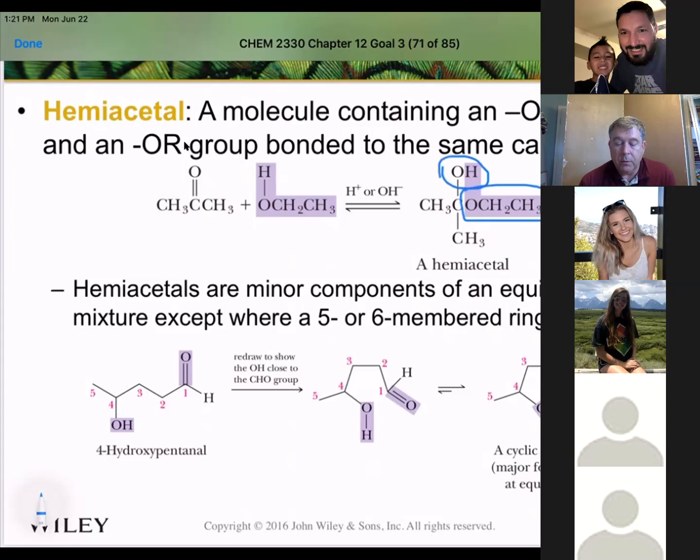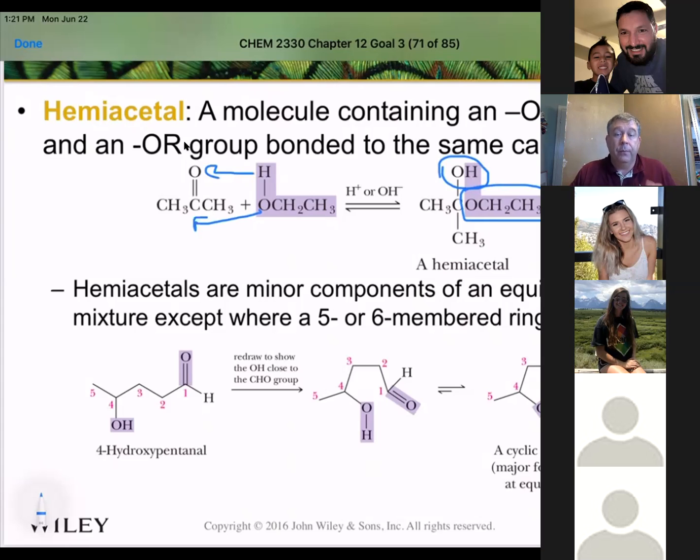Okay, so look at what's happening here. The oxygen is adding to the carbonyl side, the hydrogen is adding to the oxygen side, and we get what we call a hemiacetal. Okay, so the cool thing about a hemiacetal is we can use it to protect a ketone because it no longer acts like a ketone because it's protected as the hemiacetal.